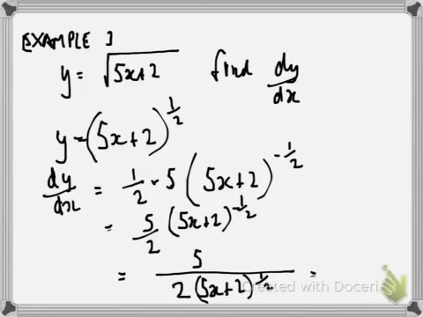Now, as we know from our work on indices, to the power of a half is the same as the square root. So it becomes 2 square root (5x + 2). And there's our answer: 5 over 2 square root of (5x + 2).